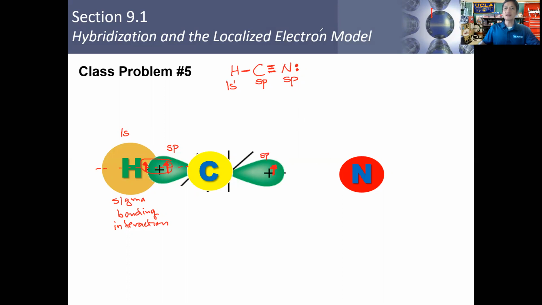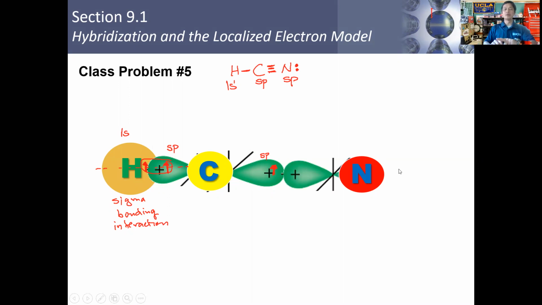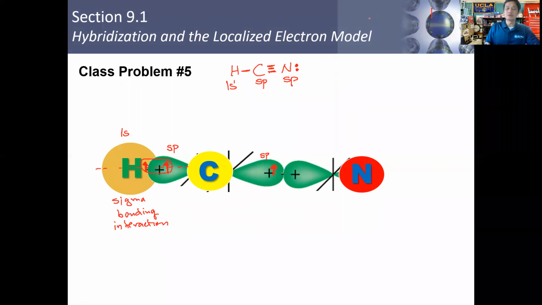Well, remember, we said nitrogen is also sp hybridized, which means that nitrogen has an sp hybrid orbital. So this hybrid orbital comes from the nitrogen. This is a nitrogen sp. Let's go ahead and write that in. This sp hybrid orbital comes from the nitrogen, so therefore this is also sp hybridized.